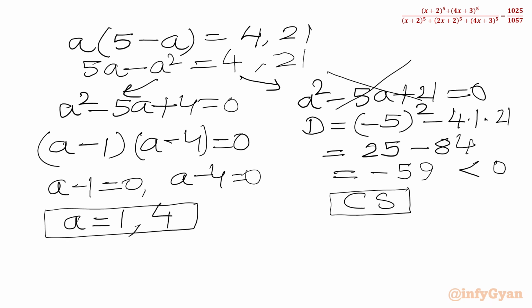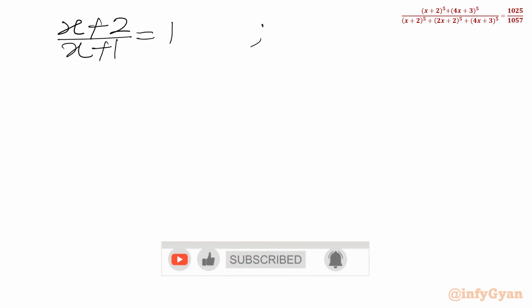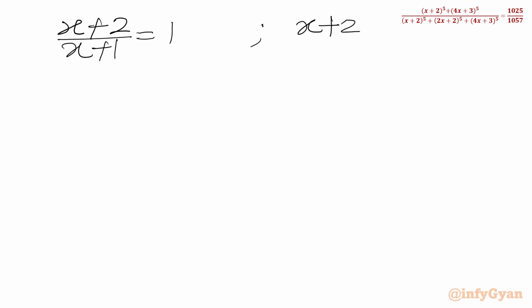Now a was our substitution. A was x plus 2 over x plus 1. This was a. Now we will put equal to 1 and equal to 4. Let us solve. I will write x plus 2 over x plus 1 equal to 1, and then we will solve x plus 2 over x plus 1 equal to 4.